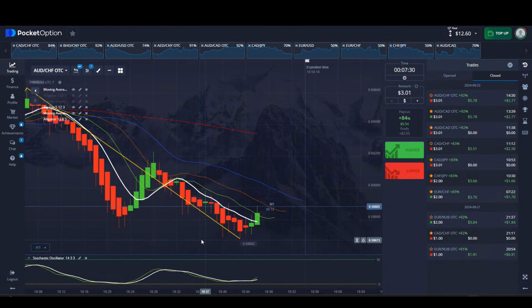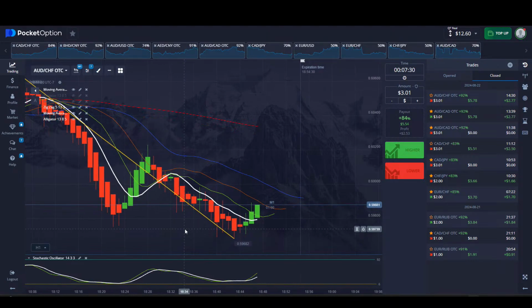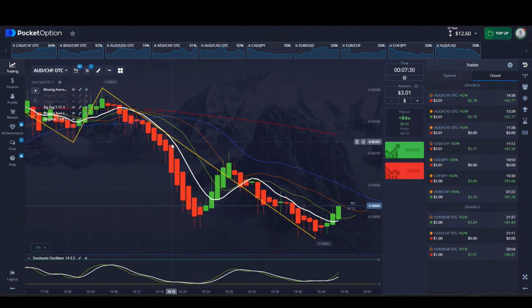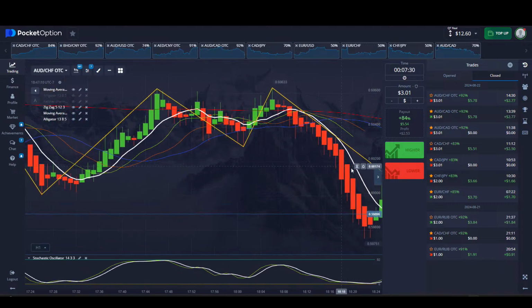The reason I did that is what I found out is that the 8 moving average is either going to support or reject the candle. Now, what do I mean by that? We also have the zigzag in there as well, supporting the candle. So let's go back here so you can actually see.